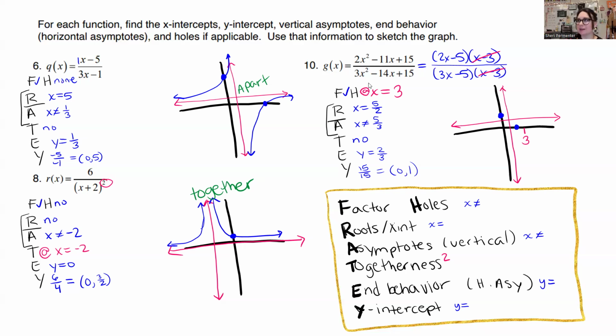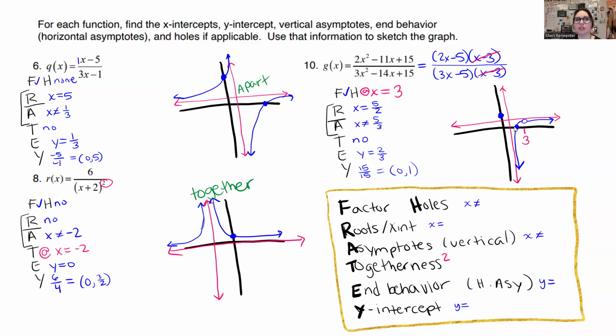Positive. Okay, so if it's positive, it has to end above the x-axis. So it's going to touch this asymptote and head up and make that branch. But I have a hole, so I'm just going to estimate the hole is about there. And then it's going to follow down my asymptote.